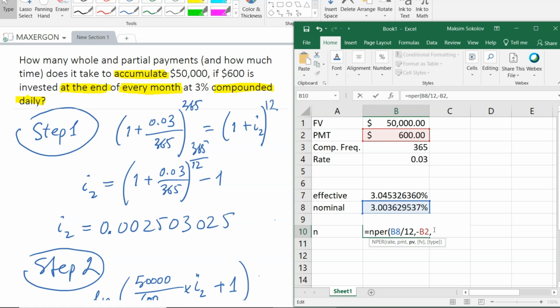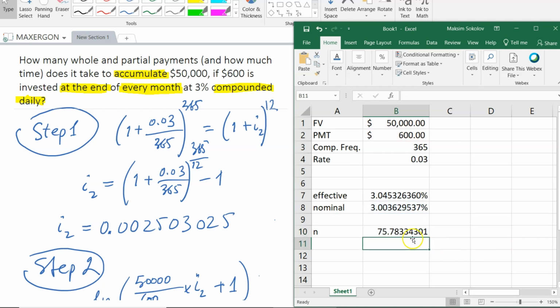In this case, we do not have present value because this is a problem about future value, and we don't have any investment upfront. Future value in this problem is $50,000, which is in B1. Next is the type of annuity. Either it is an ordinary annuity or it is a due annuity. This annuity is ordinary, so we'll select 0.